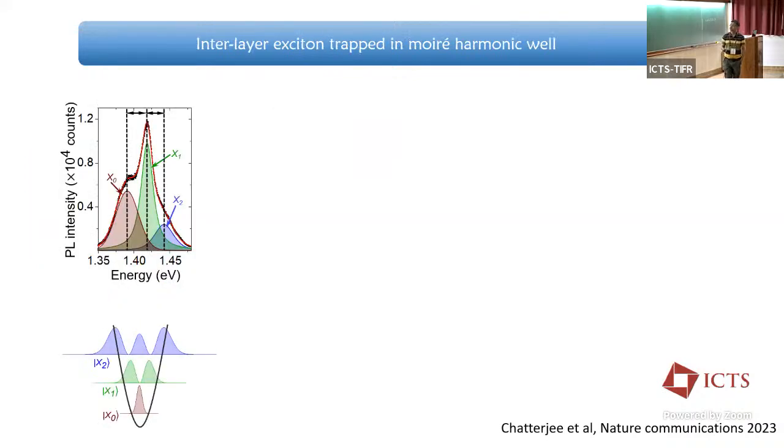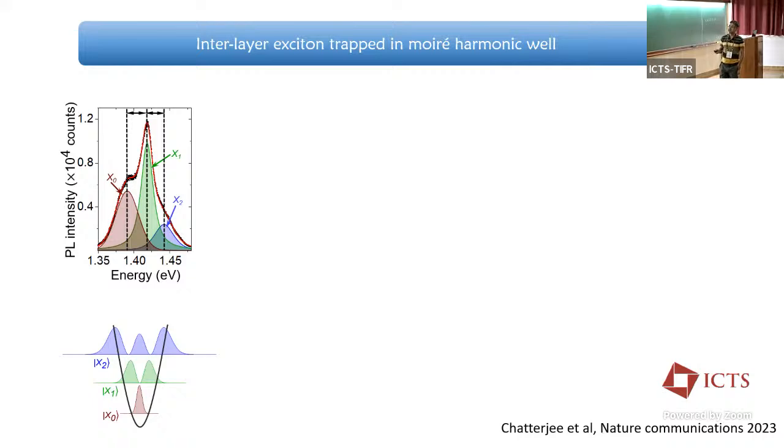The first thing is a photoluminescence spectrum of some of these heterobilayers in the interlayer regime. You see it around 1.4 electron volts. I'll not be talking in terms of nanometers, I'll be talking in terms of electron volts. So this is about 1.4 electron volt or so.